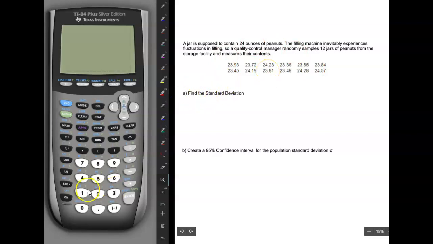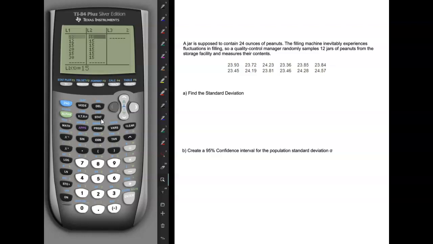Okay, part A is define a standard deviation. So in order to do that in our calculator, we're going to go to Stat, Edit, and then we're just going to input our numbers. So 23.93.